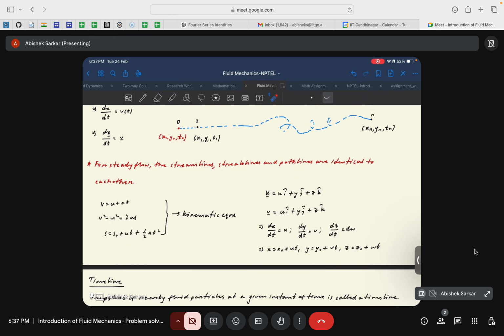And the velocity is u i cap, v j cap, and w k cap. Then the equation of path line for its different components is dx by dt equal to u, dy by dt equal to v, dz by dt equal to w.